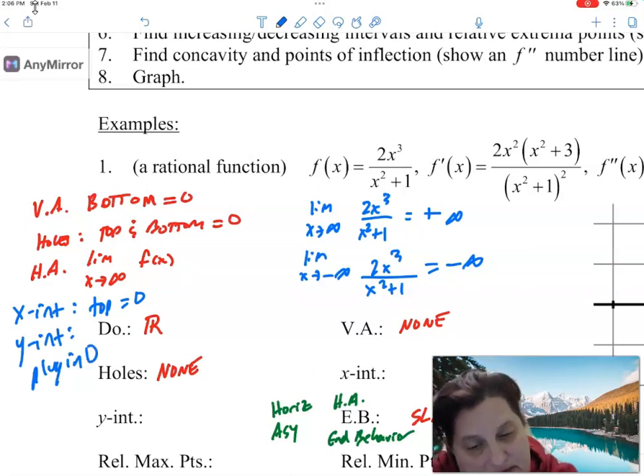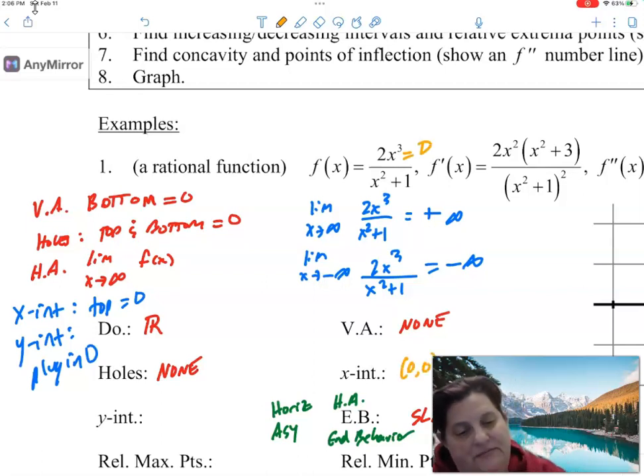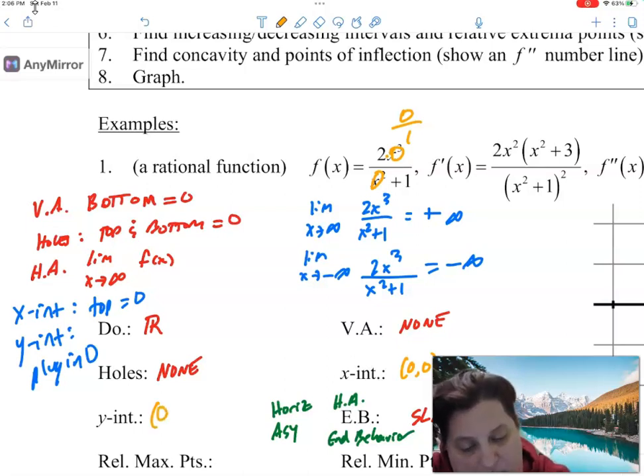If I set the top of this equal to 0 and solve it, I get the point (0, 0). That's my x-intercept. If I plug in 0, 2 times 0 over 1 is 0, so my y-intercept is (0, 0). It just gives us an additional point on the graph, right?